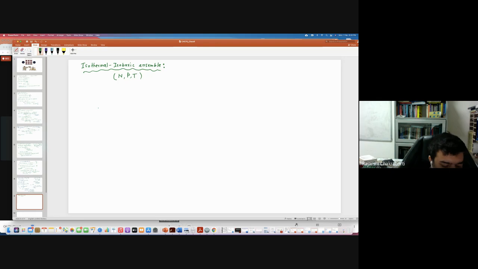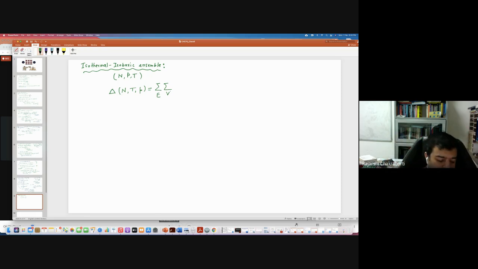So actually, I'll just write down this equation. In the isothermal-isobaric ensemble, this is the partition function delta. Of course, you know that this is going to be a sum over E and a sum over V. Here, pressure is constant, so the walls are flexible.